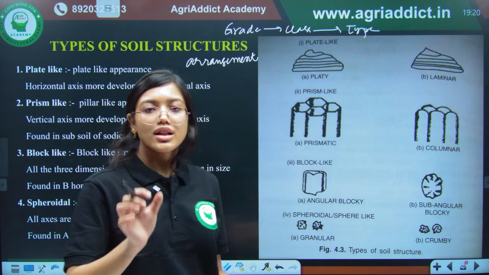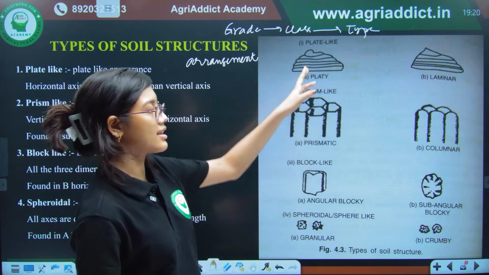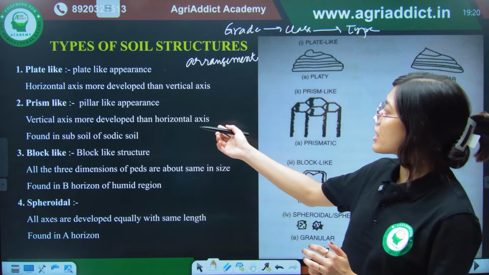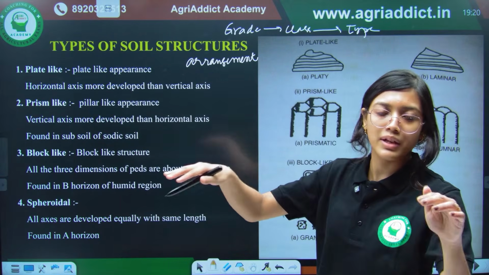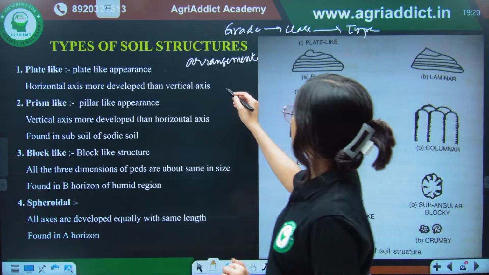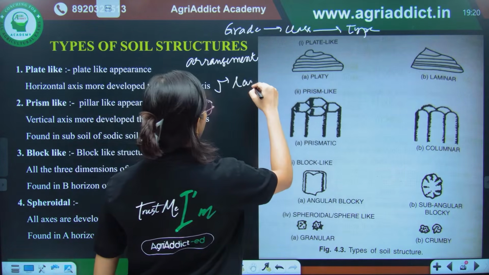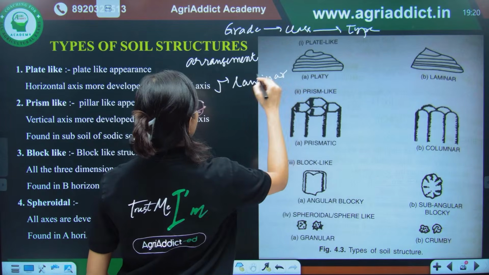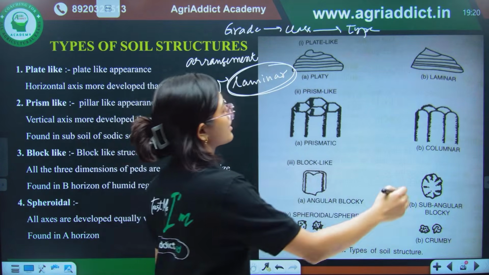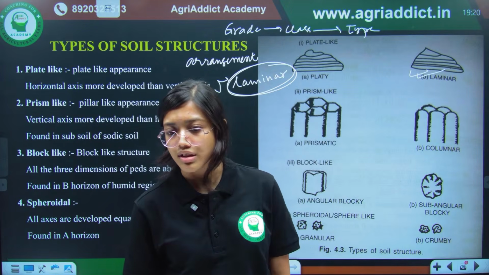The class will tell you the relative ranges of particle sizes or dimensions, and the type will tell you what type of structure is present. First one, very important, platy, that means plate-like. If the plate-like structure is very thin, then it is called laminar.